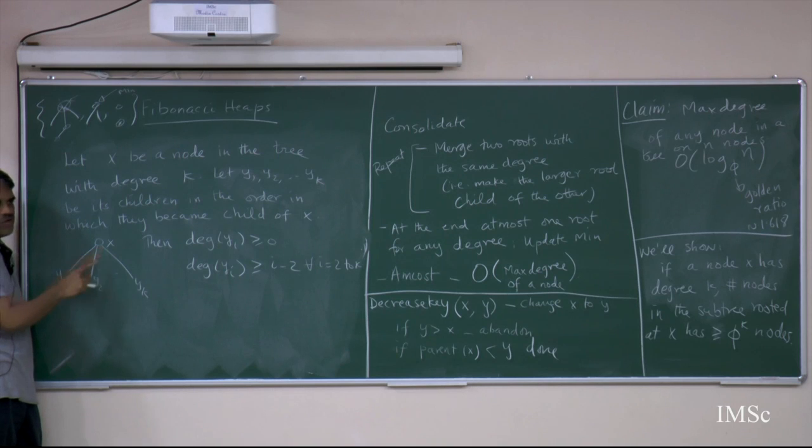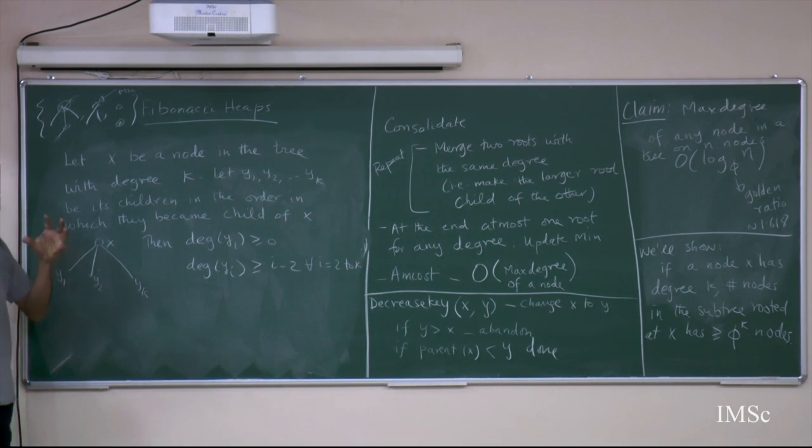It became a child of x. How did it become a child of x? Which operation made this a child of x? Just think about the operations we are doing. Insert or decrease key or delete min or some consolidate or whatever. Delete min. That is the only operation which makes something a child of the other thing.